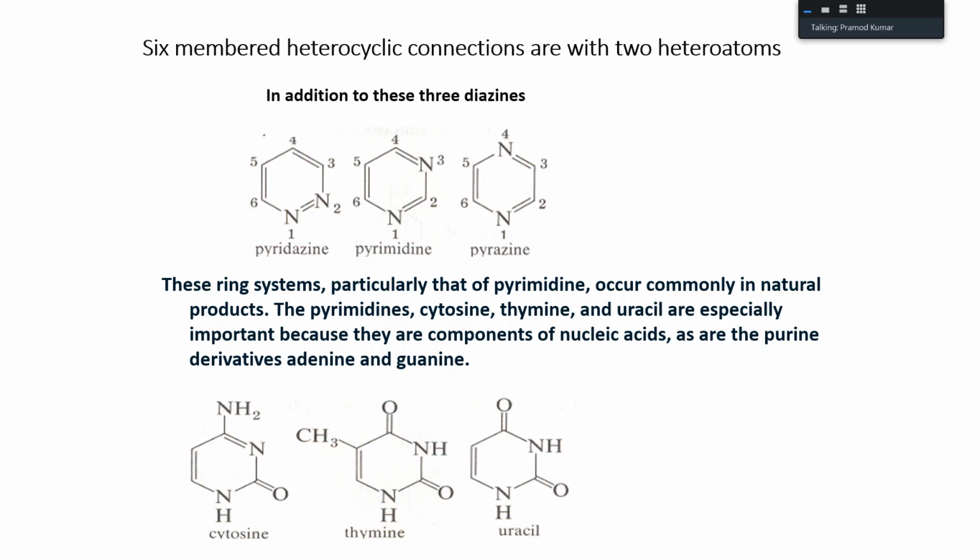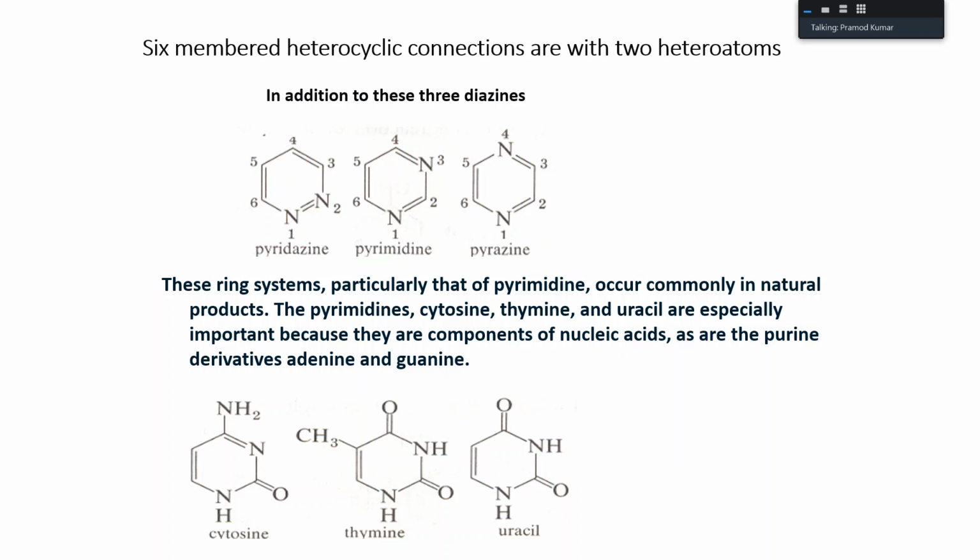Cytosine is 2-oxo-4-amino pyrimidine, that is 2-oxo 1H 4-amino pyrimidine. Your thymine has an extra methyl at the 5th position, so it is 2,4-dioxo 5-methyl 1H pyrimidine.